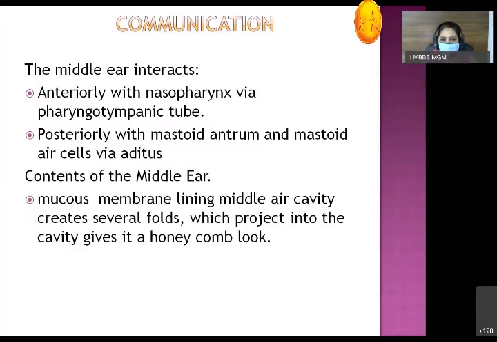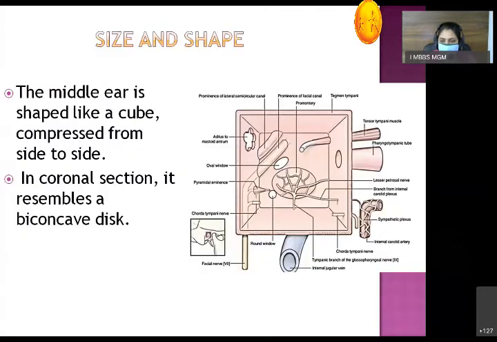Then this cavity, how it communicates with the structures anteriorly and posteriorly. If you see this figure, it is a diagrammatic representation of the middle ear cavity. So this is the anterior wall and this is the posterior wall.